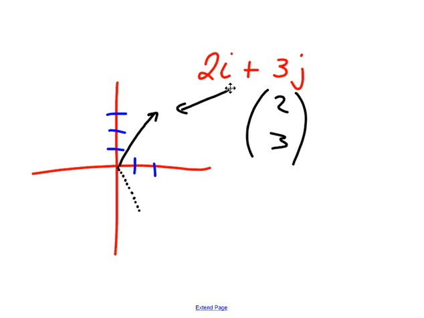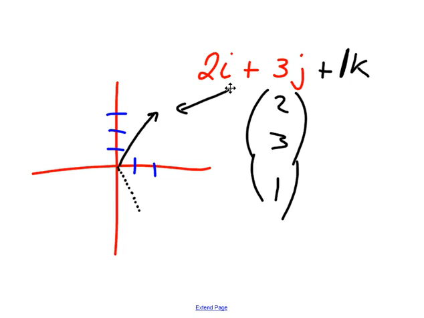There. Now, what if I made it 2, 3, 1? And I just kind of extend this out a little bit further. And that would be plus 1k. Oops, that's made it i. Don't want to do that. 1k. Positive is towards you. Negative is away from you. I want you to envision what that would look like.